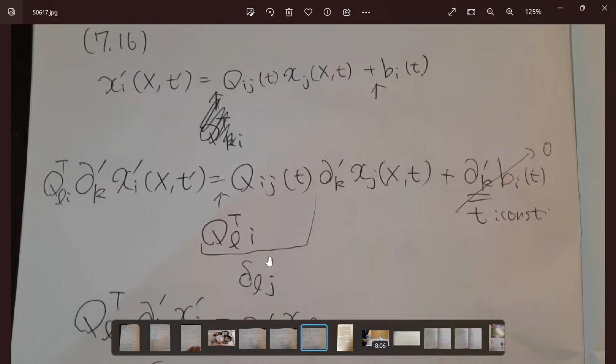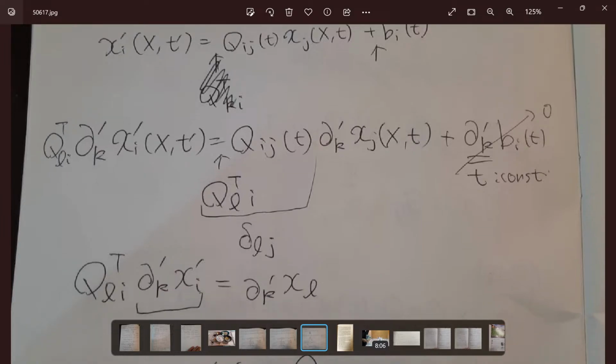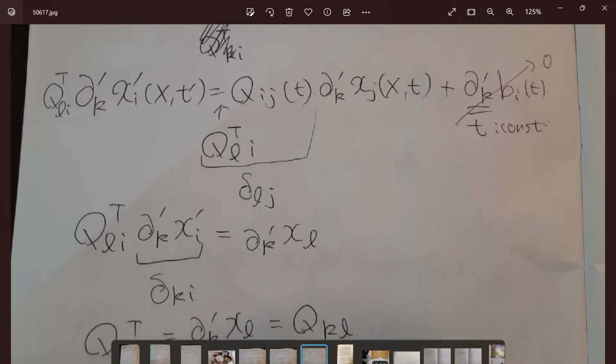The identity matrix can be written as a Kronecker delta like this. Because we multiply this Q transpose on the right-hand side, we also multiply this Q transpose on the left-hand side. And we look at the left-hand side.